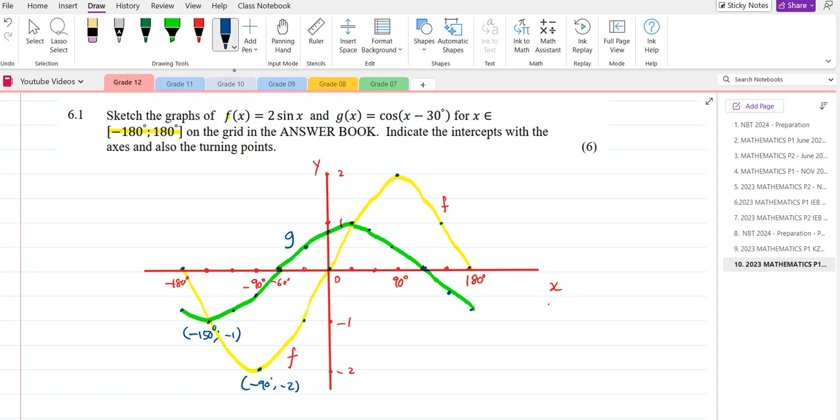Intercepts, this intercept here is 120 degrees. Did we indicate all the intercepts? Yes, we did. This point here is 30 degrees and 1. This point over here is 90 degrees and 2.